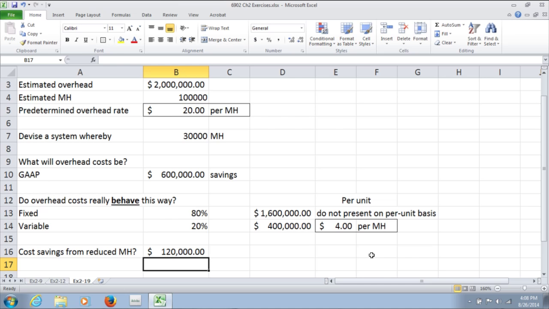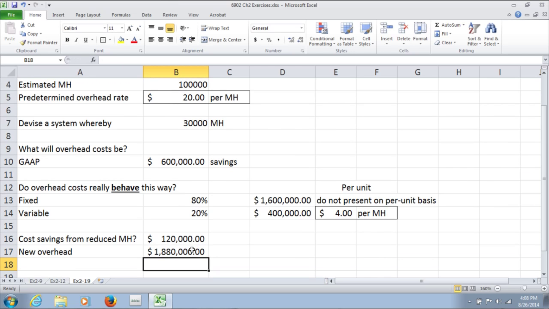So the amount that we could actually save is 120,000. So the new overhead from this reduction would be the $2 million less the 120,000. So again, the issue here is that the overhead costs do not all behave the same way, and we have to take that into account when we are trying to come up with an appropriate course of action.